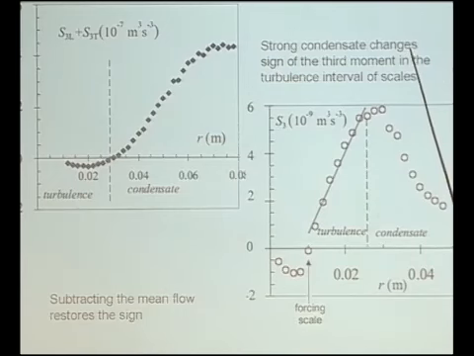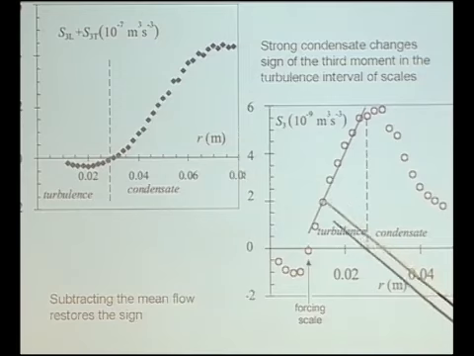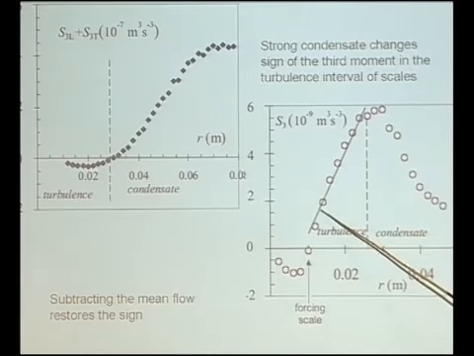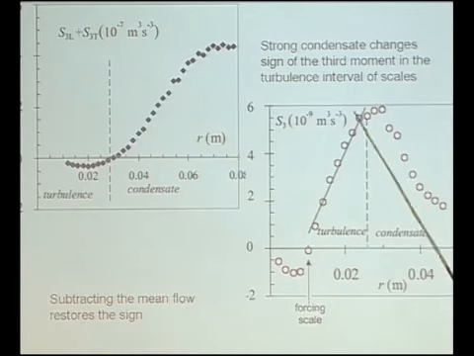And this is the third moment obtained in the unfiltered flow, which means the flow which contains the vortex inside. Now we can take the mean value, get the mean flow, subtract it, and after that look at the third moment. Then we see that indeed all the way up to the forcing scale it's positive, which corresponds to inverse energy cascade.